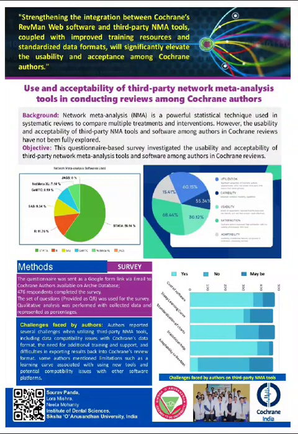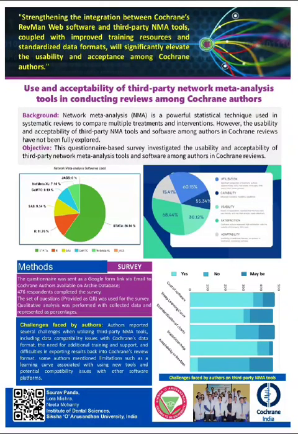However, the usability and acceptability of these third-party NMA tools and software among the authors in Cochrane reviews have not been fully explored. So the objective of this study is this question-based survey investigated the usability and acceptability of third-party network meta-analysis tools and software among the authors in Cochrane reviews.